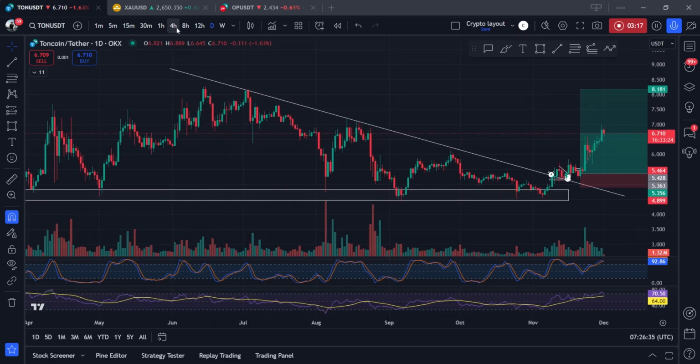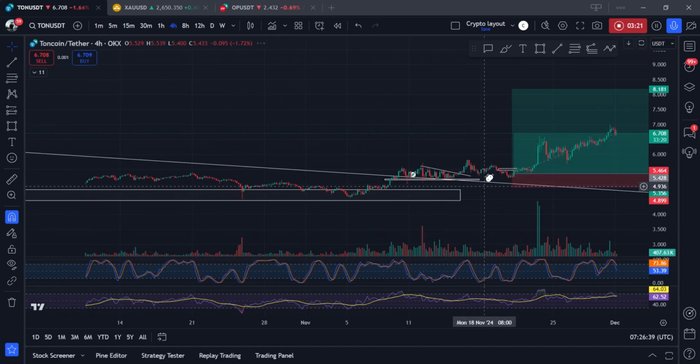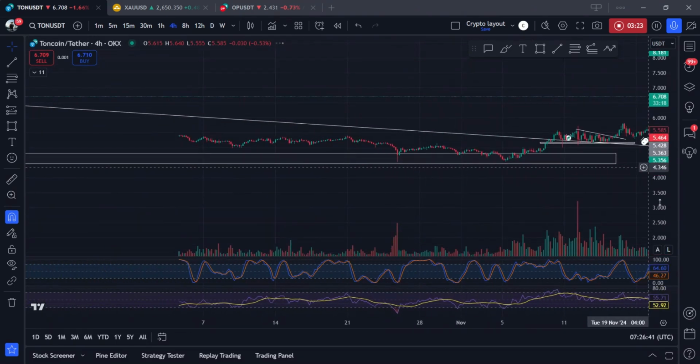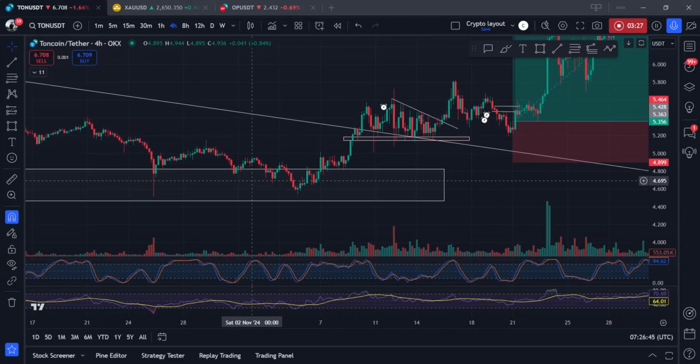Let me zoom in. Let's try to look for more patterns. Let's see if there is something here. Okay, yeah, again. So I'll just zoom in. What happened? You see, there's a bullish engulfing candle.